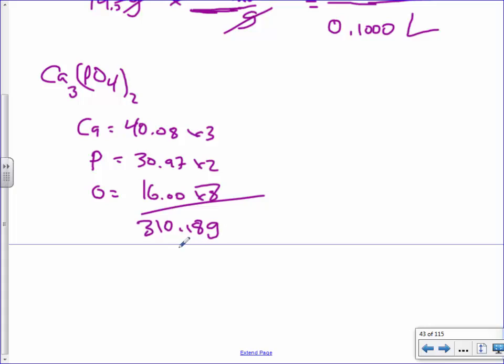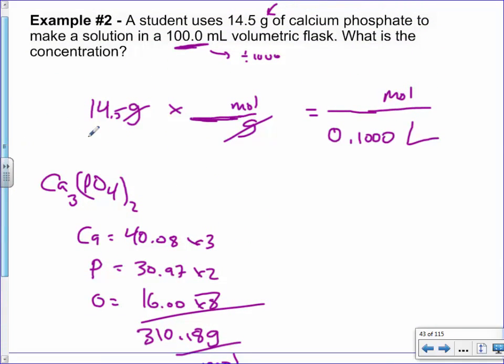Okay, that is how many grams there are in 1 mole. Or if you like my analogy of donuts, if you were to go buy a dozen donuts, it would have weighed 310 grams of this type of donut. Where does that number go here? Does it go on the top with the mole or on the bottom with the gram? It goes on the bottom with the gram.